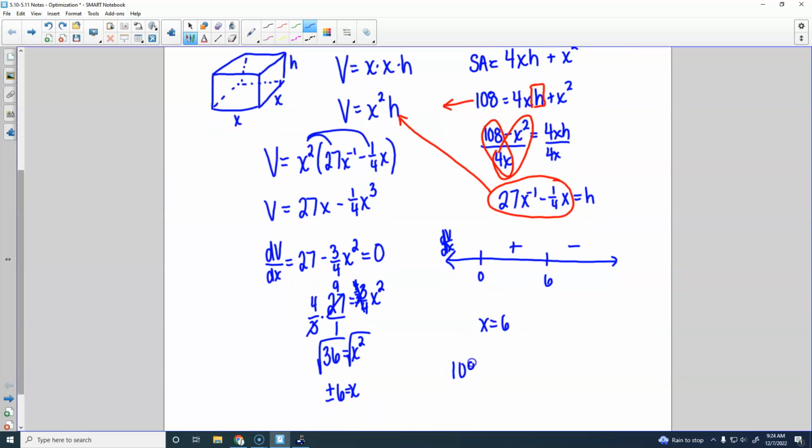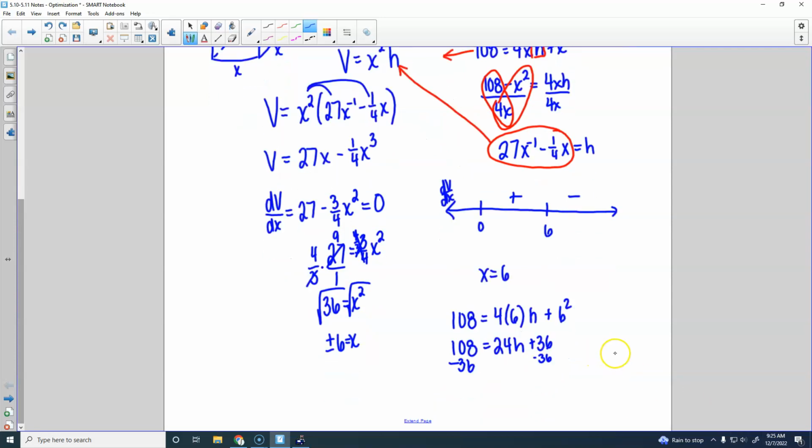So we got 108 equals 4 times 6h plus 6 squared. So 108 equals 24h plus 36. We would subtract 36, and that will give us 72 equals 24h, divided by 24.